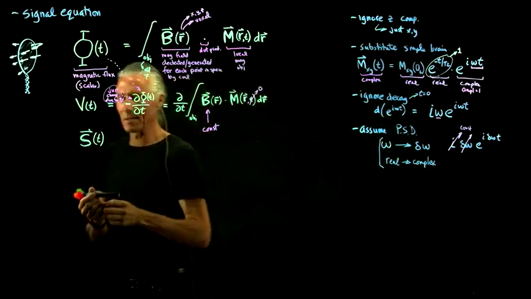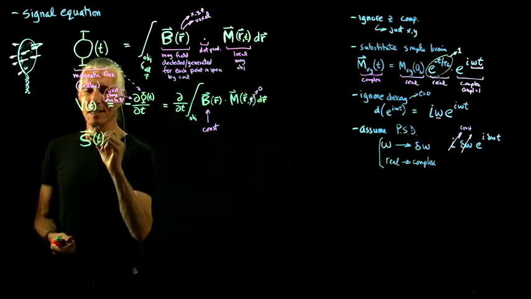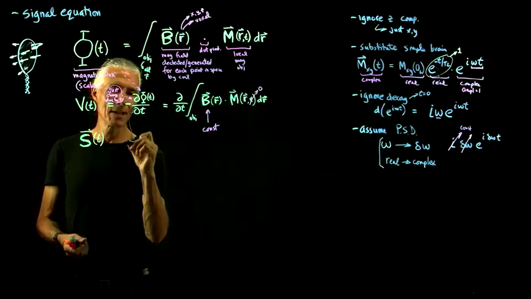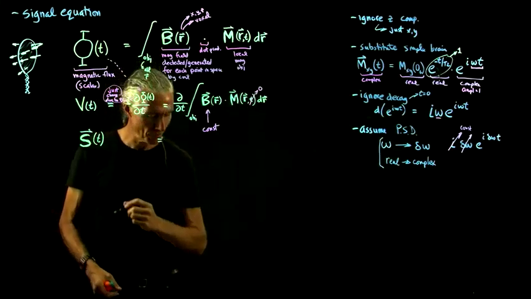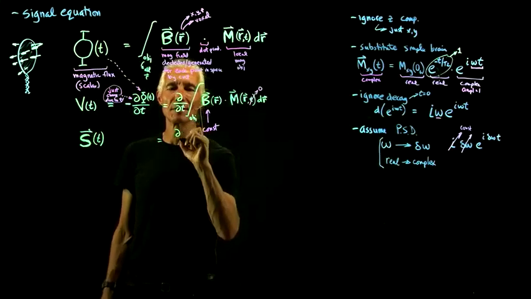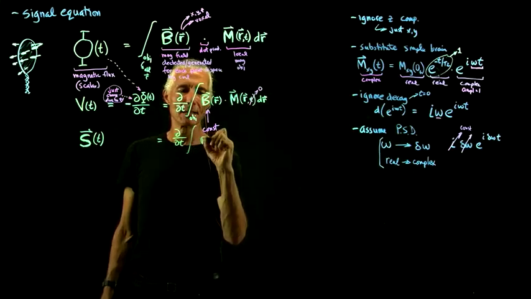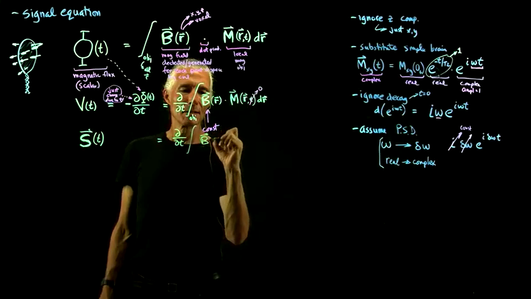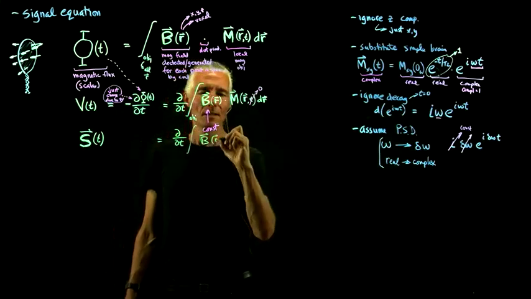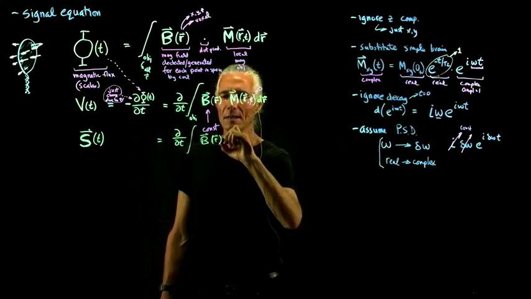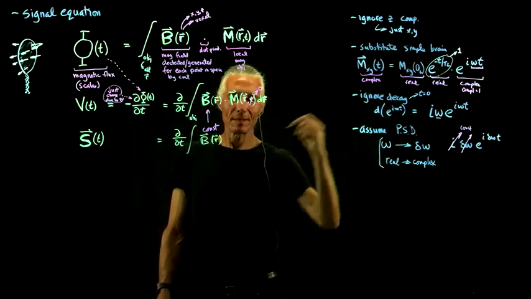So here's those two numbers that we're getting out of the coil, and what's the equation for that? The equation is basically equal to the partial derivative with respect to time of this thing, now times what we substituted in there.